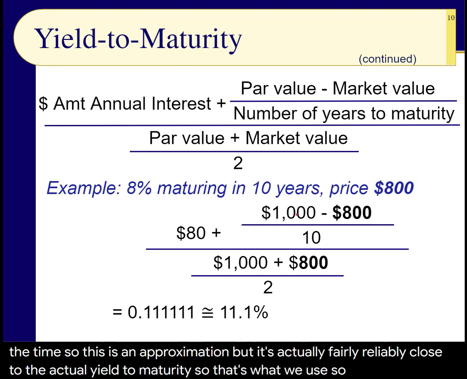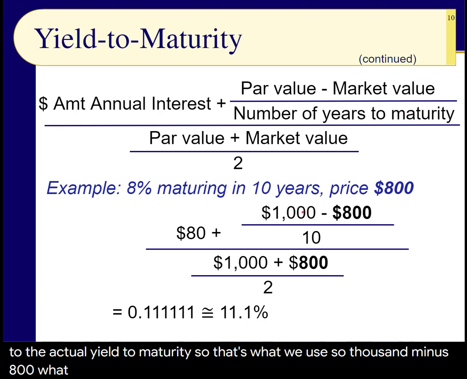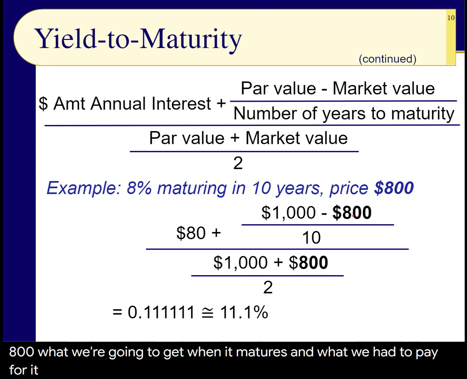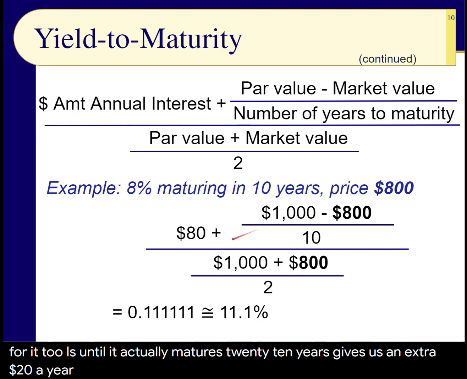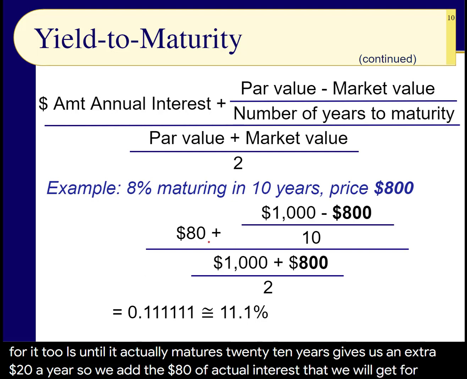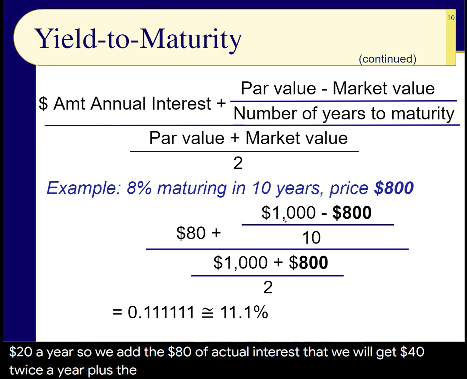So 1,000 minus 800, what we're going to get when it matures and what we had to pay for it, $200, divided by how many years until it actually matures, 10 years, gives us an extra $20 a year. So we add the $80 of actual interest that we will get, $40 twice a year, plus the $20 of, shall we say, phantom income.